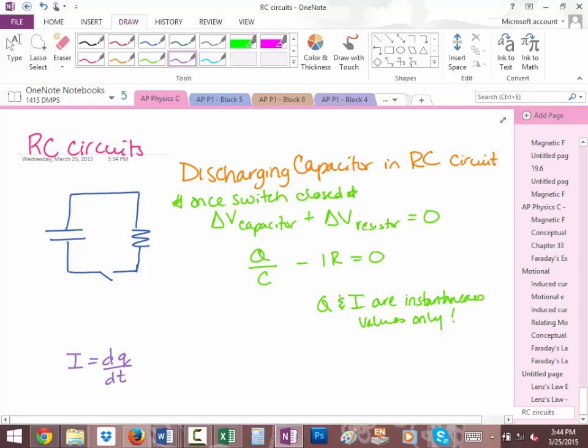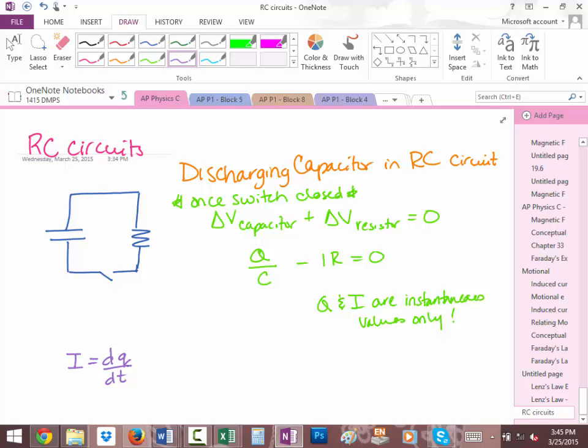Now, if there is charge that's moving through this wire, what do you know about the charge that's stored on these plates? It's changing by the same amount, right? As this thing goes up, this thing is going down.